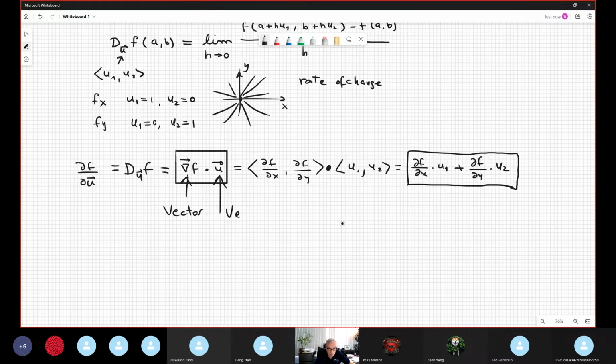Unit vector, of course, is a vector. And the dot product between two vectors is not a vector, it's a scalar. So the directional derivative represents a number, 20, -5. What does that mean? Well, in the direction you decide to travel, you make the direction using the unit vector.